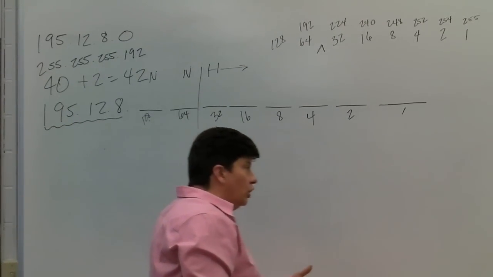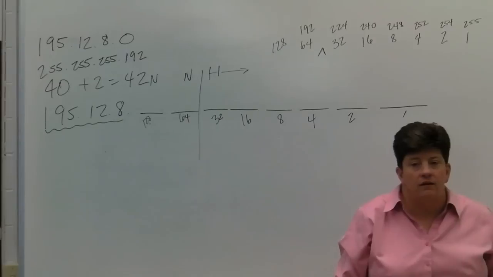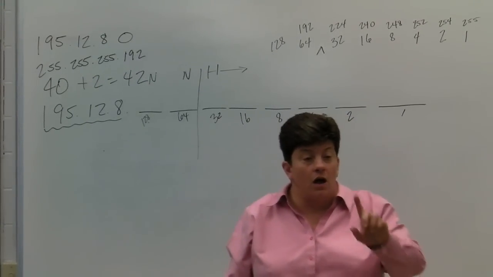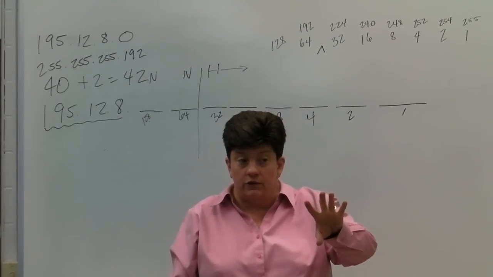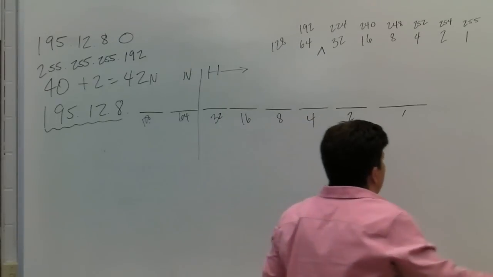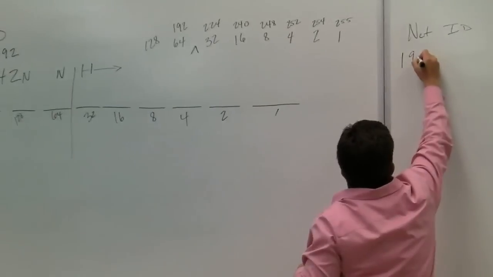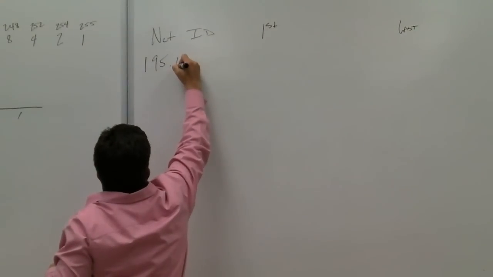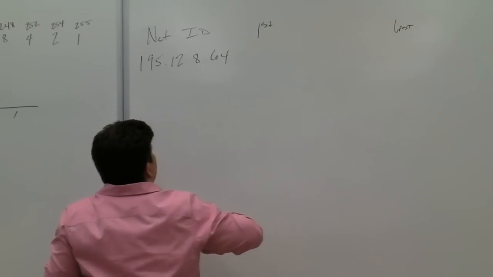So I really could come over here and just start listing addresses, couldn't I? Not going to use the first one. Not going to use the 0 network, correct? So the very first one I'm going to have, 195.12.8.64.